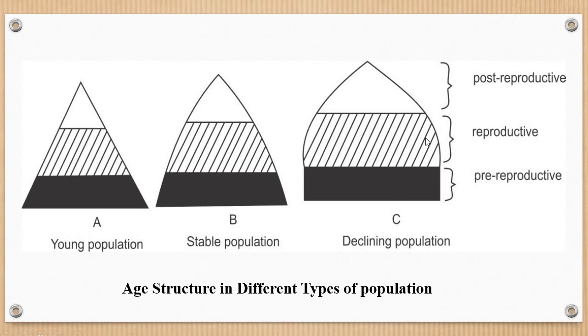So as compared to the previous one, the number of pre-reproductive individuals is less, right? So in this case, as the old age group is more, the population is said to be the declining one.